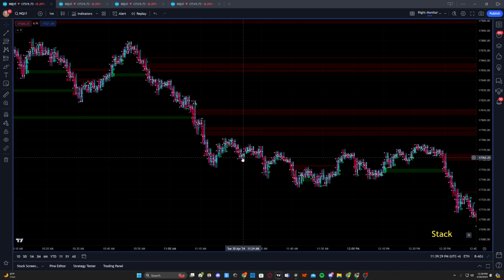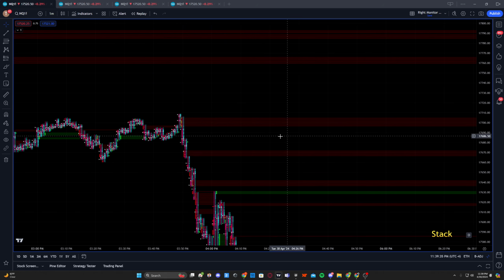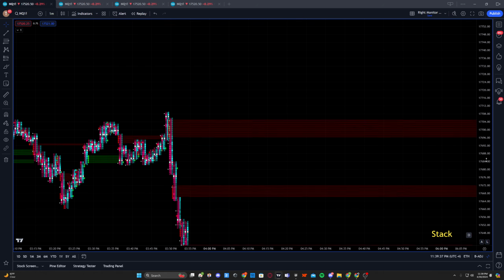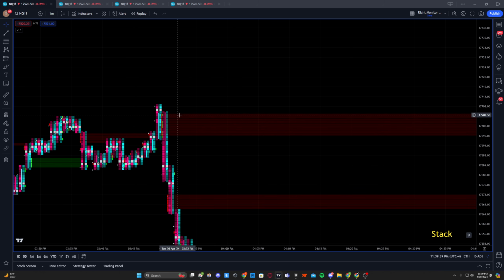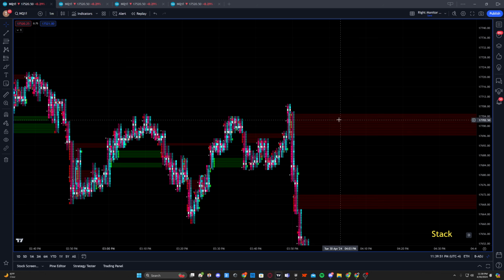I probably wouldn't, but you could try to hold it, right? But if you're holding a long and you see a stacked imbalance on the seller side like that, get out. Do not hold that. Do not attempt to hold that. Get out. There's no ifs, ands, or buts about getting out on that.